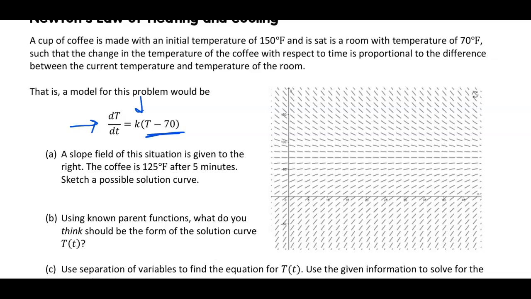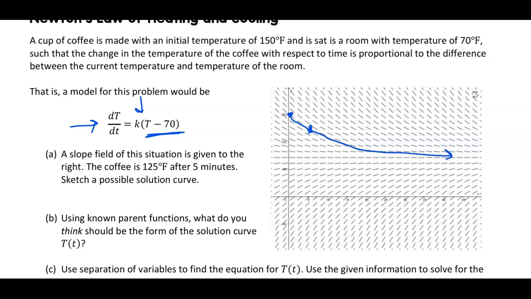So if I know the initial temperature is 150, and then let's say after 5 minutes it's 125 degrees Fahrenheit, then a possible solution curve, if I were to look at this, would go like this.